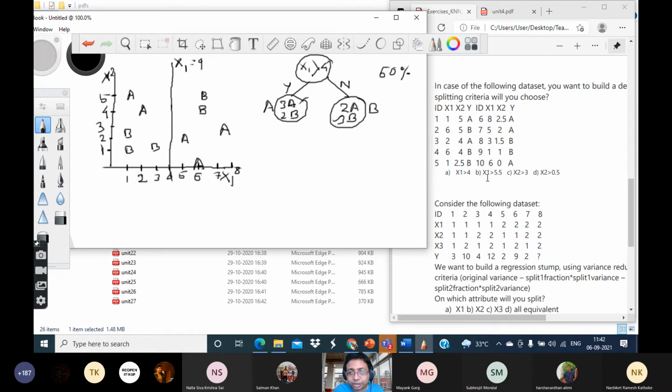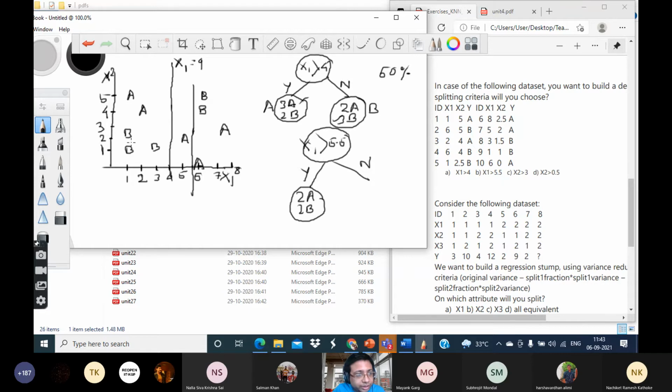So what about if I go for x1 greater than 5.5? Say x1 greater than 5.5. So pardon the bad drawing, y and n. So 5.5 means this line, right? Now which are the points that satisfy x1 greater than 5.5? These 4 points. So here I am getting 2A, 2B.